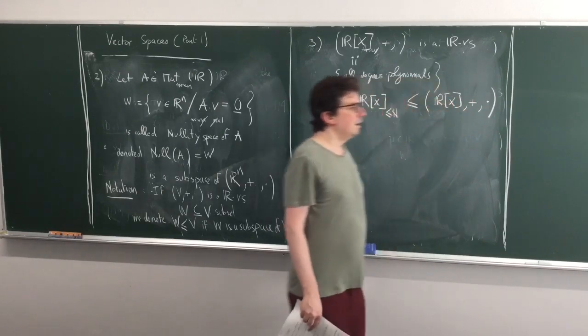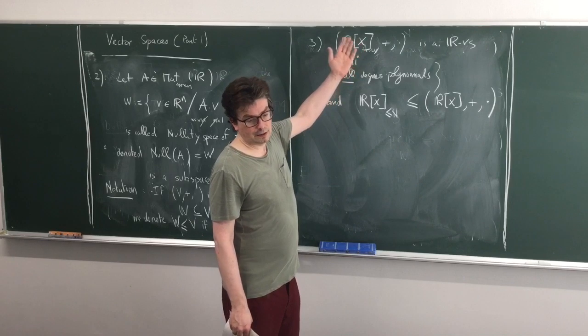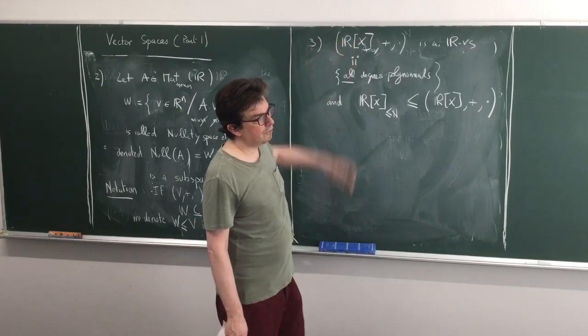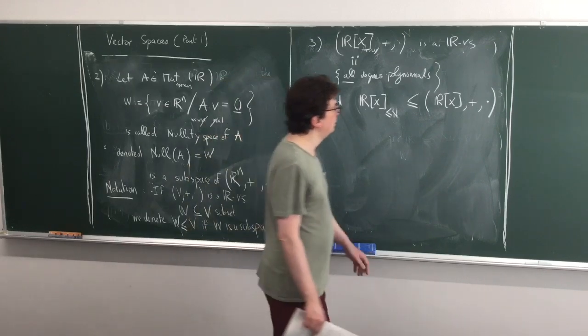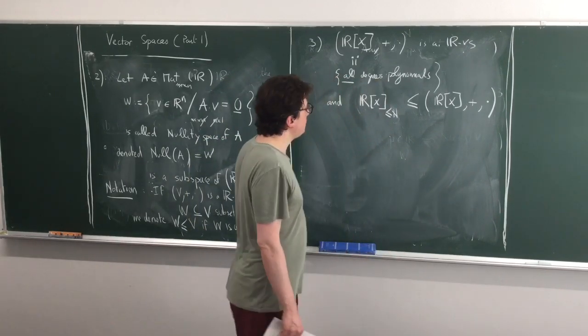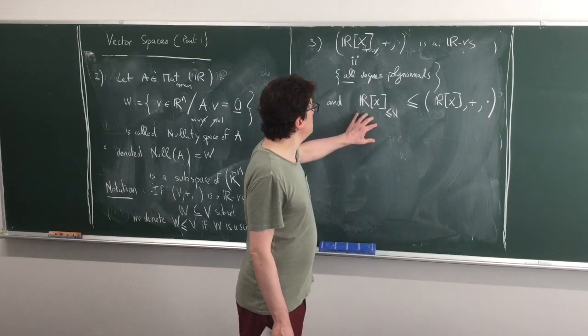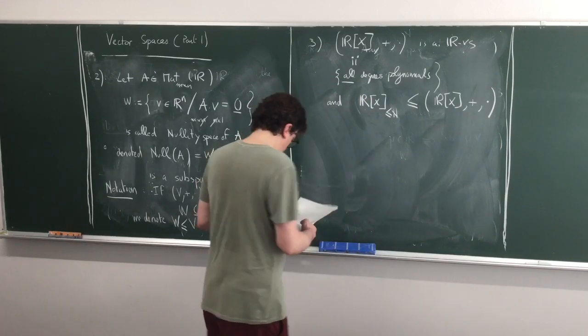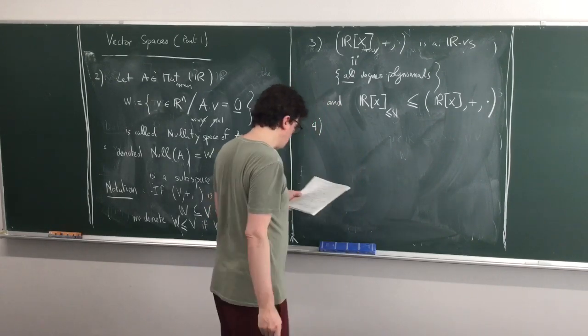The difference is that for this element, the degree is not fixed. So you can take any polynomial of any degree. But the operations are the same. And then this will be a subspace of this.